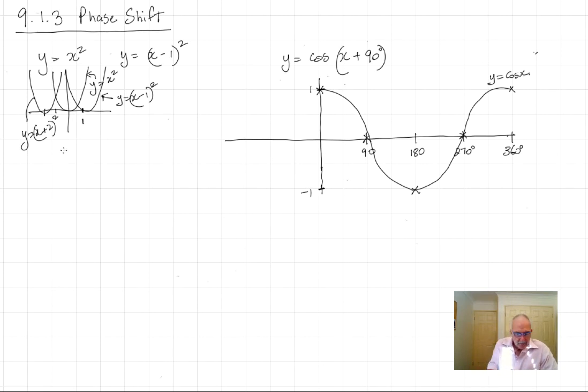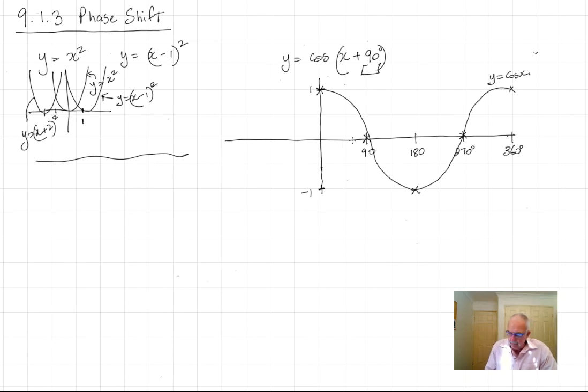Now, we've already seen from our work with quadratics and horizontal shift that if you add something, you actually move it to the left. So every point here, we're going to move 90 degrees to the left.